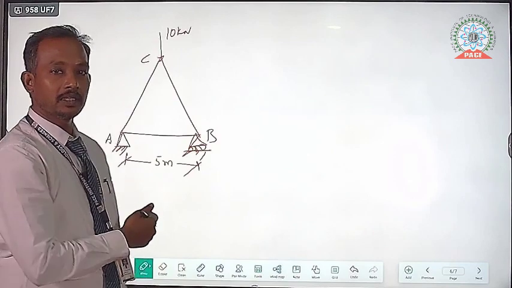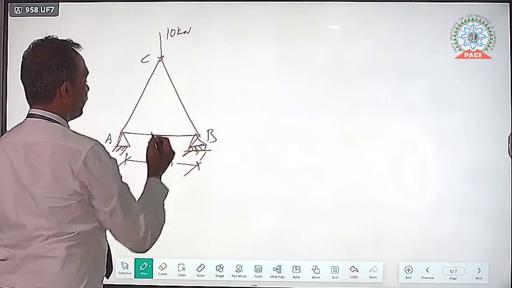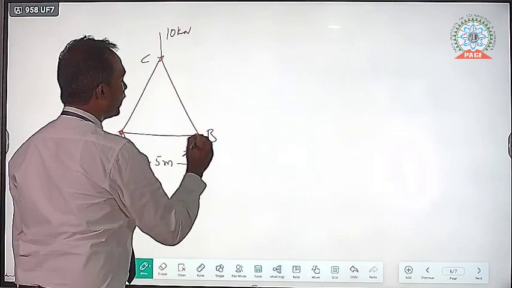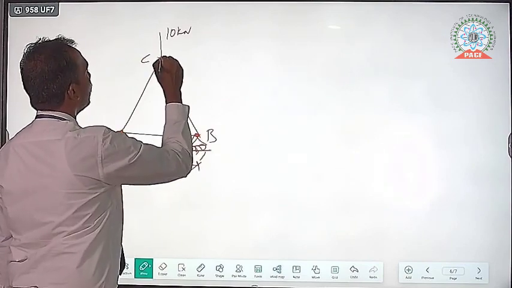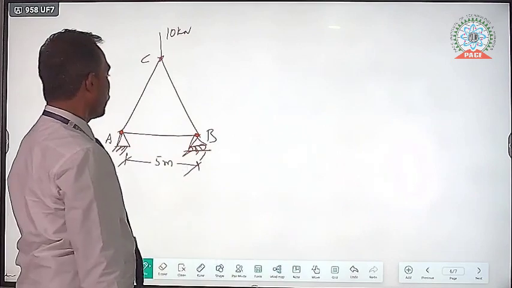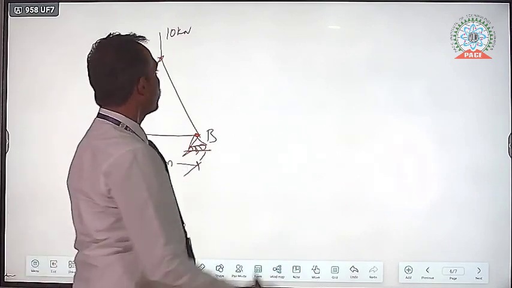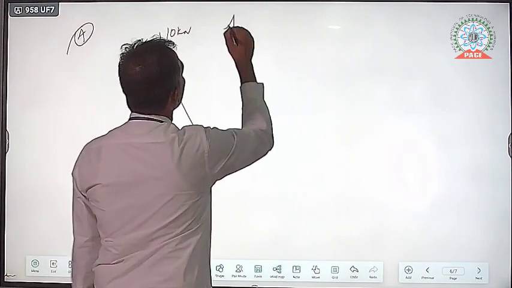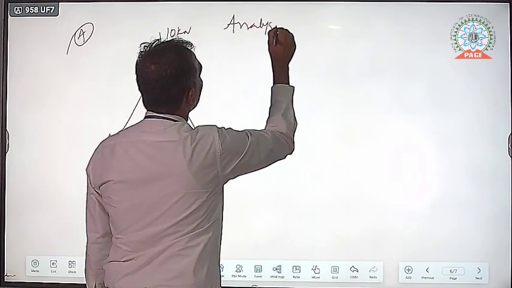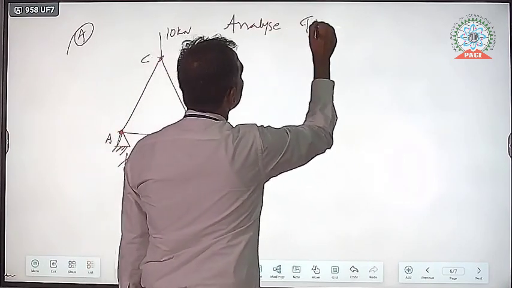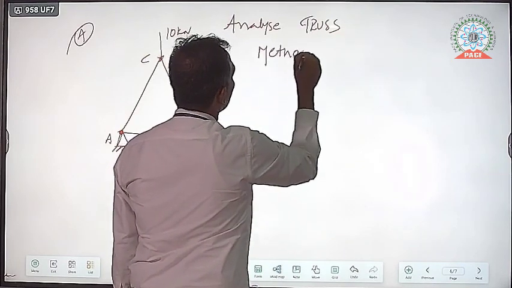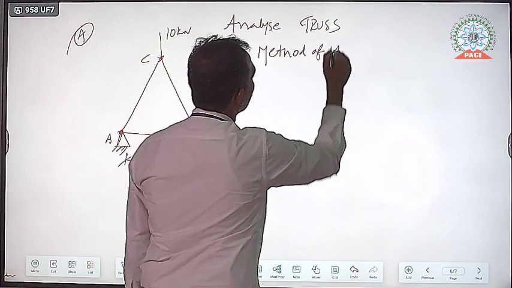This is a joint at A, joint at B, here at C. What are the 4 steps we have to analyze a truss by the method of joints? We have 4 steps.